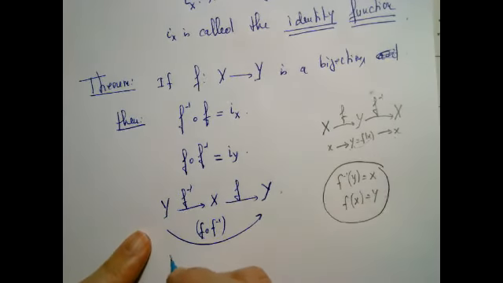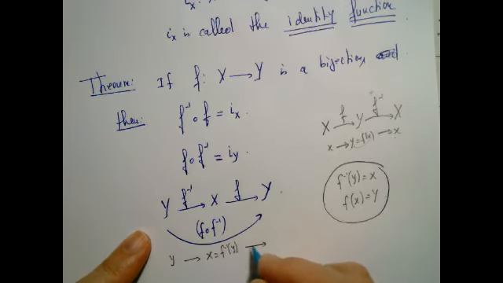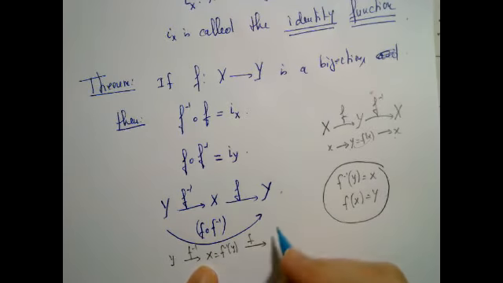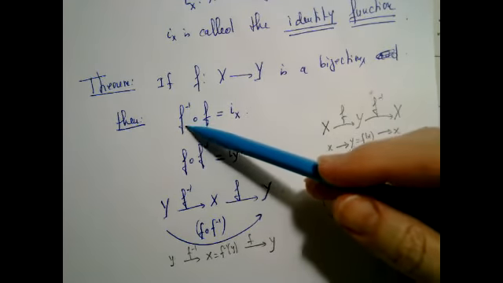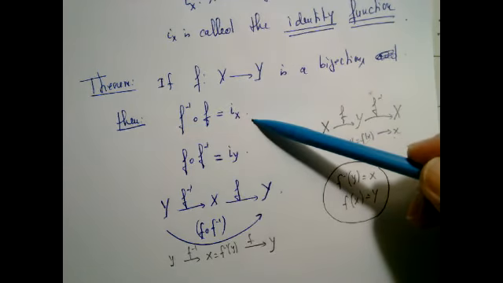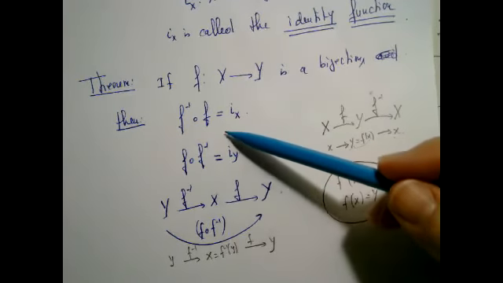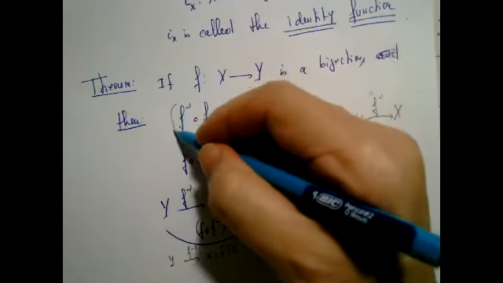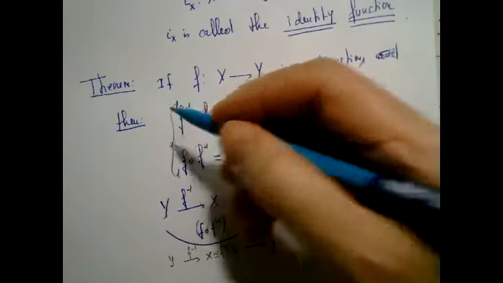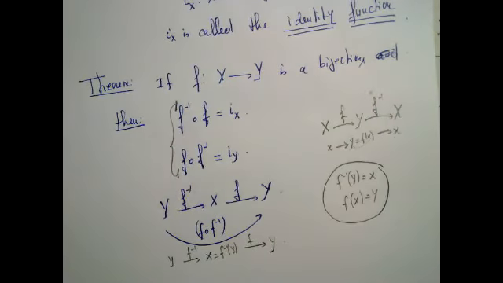If f inverse is sending y to x, the job of f is going to take x back into y. So f inverse composed with f is the identity on X, and f composed with f inverse is the identity on Y. That's a very important property of the inverse of a function.